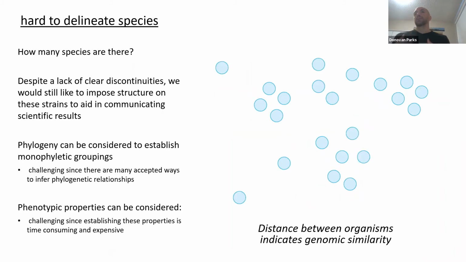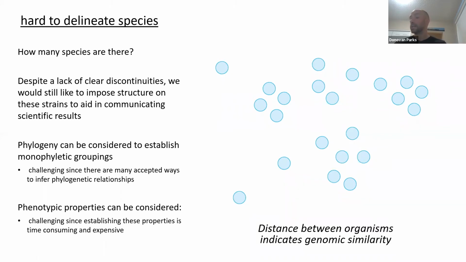Now, as you might imagine, reality often looks more like this, where we have a bunch of strains, and these strains actually form a bit more of a genetic continuum, and it's actually not really clear how to cluster out these strains based on just their genetic similarity. You can imagine that this also presents a challenge because, of course, we have different ways to infer the phylogenetic relationships between strains.